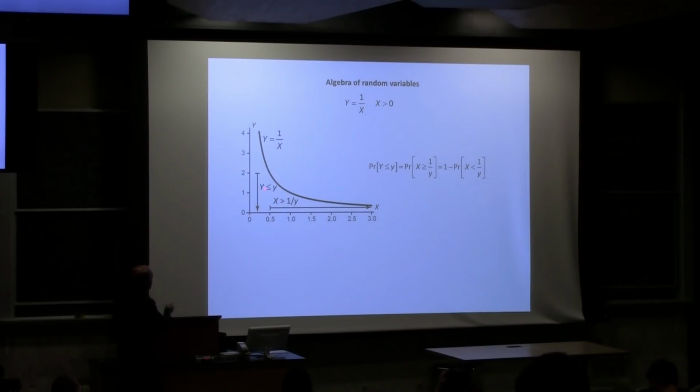And we're going to look at the probability of capital Y being less than some amount, little y. That's going to be the same as x being bigger than 1 over y. And so the probability of y being less than this is the same as 1 minus this probability, which is written here.